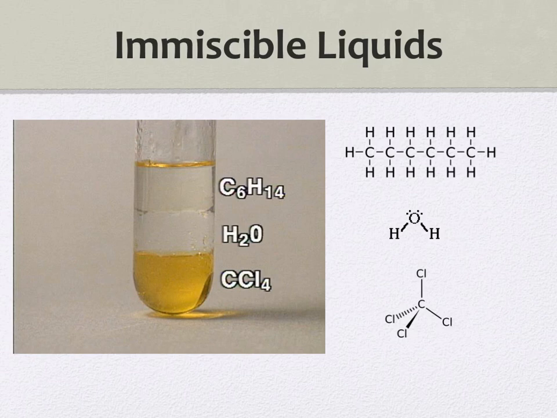The C6H14, we call that hexane, that's right there. Again, hopefully you can see just a very symmetrical molecule. Nonpolar. Water is here, of course with the lone pairs, that's polar. And then the carbon tetrachloride is right here. Again, no lone pairs on the central atom, so nonpolar.